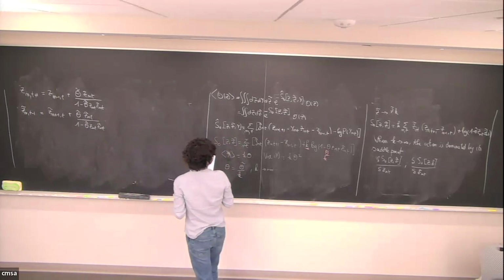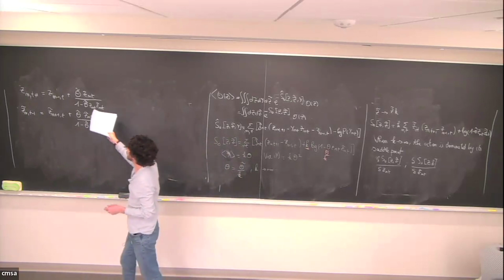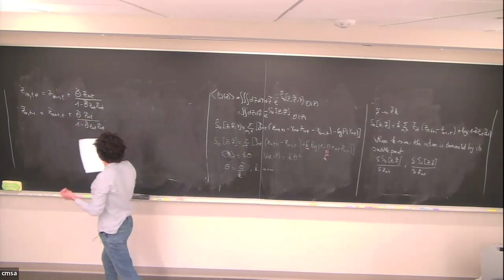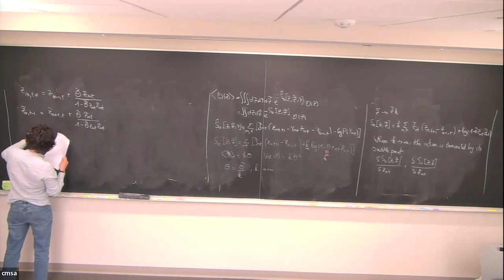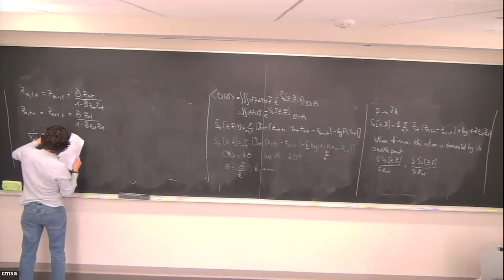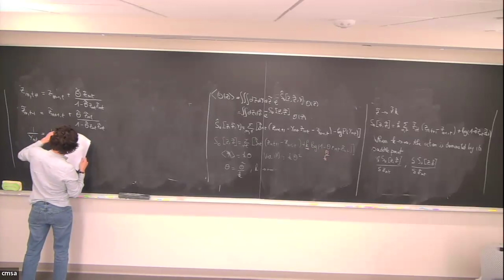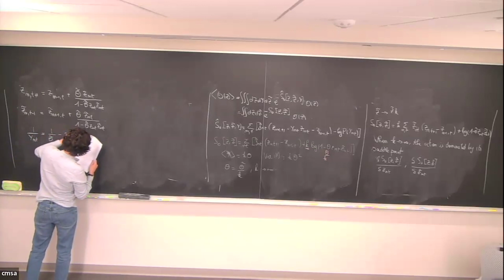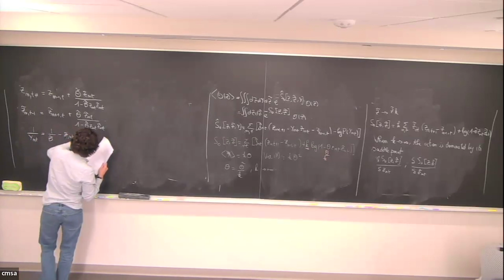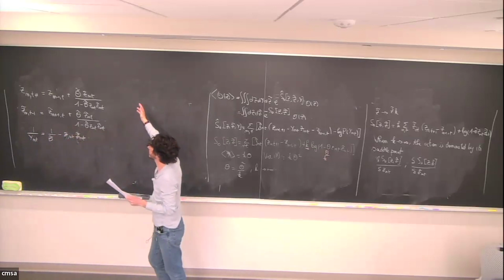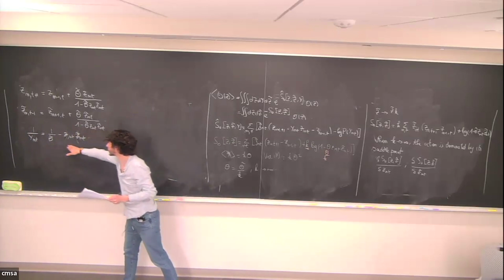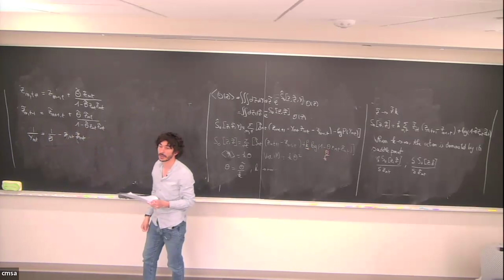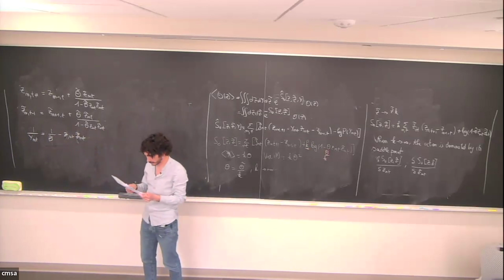When you compare the original recursion to the first equation of this nonlinear system, you would obtain that the optimal noise reads as follows: 1 over the optimal noise is 1 over theta tilde minus Z_{n,t} Z tilde_{n,t}. So if you're interested in solving this system numerically and reconstructing the optimal profile of the randomness, you would solely have to look at this formula. And in principle, this can be done.